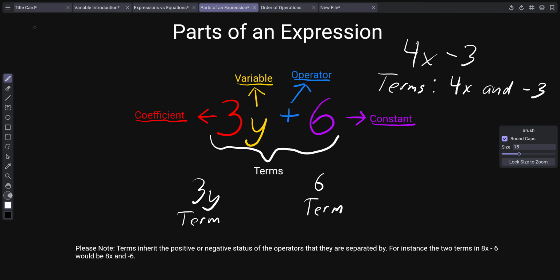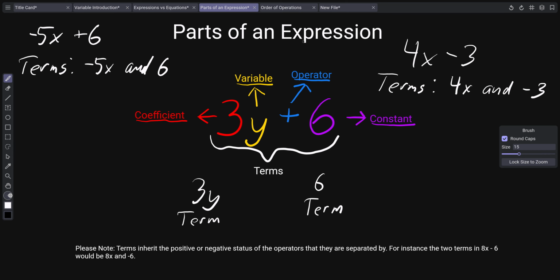Or if you had, say, negative 5x plus 6, the terms would be negative 5x and 6. So this is important to keep in mind because this becomes relevant as the course goes forward.